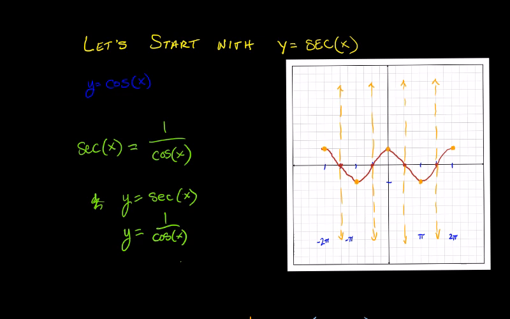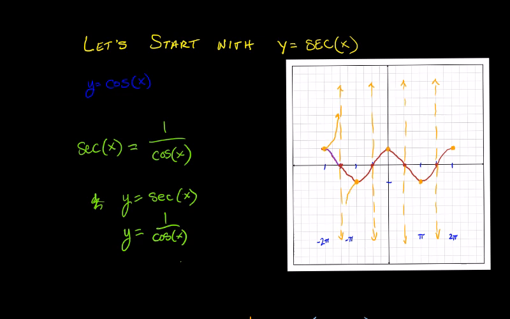And now what to do with the rest? If you think about it, what happens to values in between 0 and 1, because that's what these are, right? These values are in between 0 and 1. What happens to them when you do the reciprocal? Well, they get bigger than 1, and so the graph's actually just going to open up this way, right?